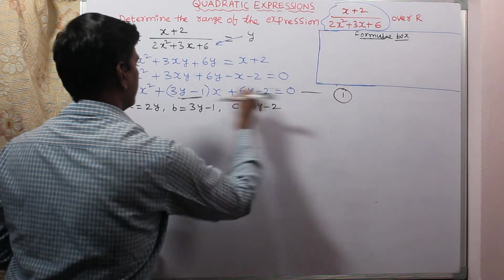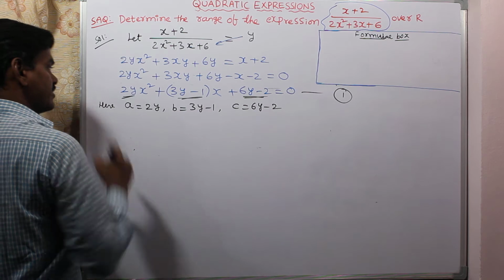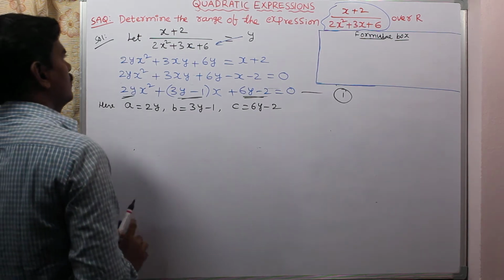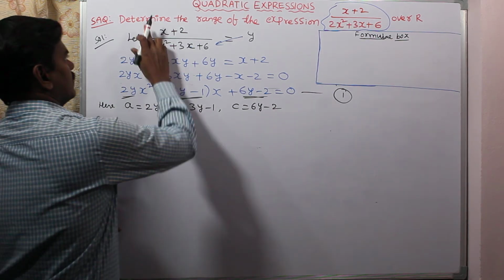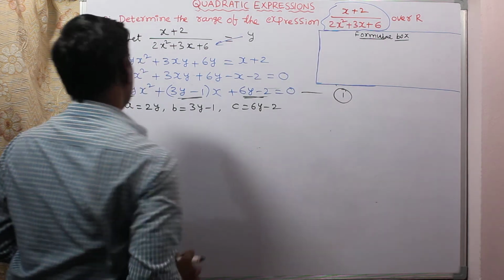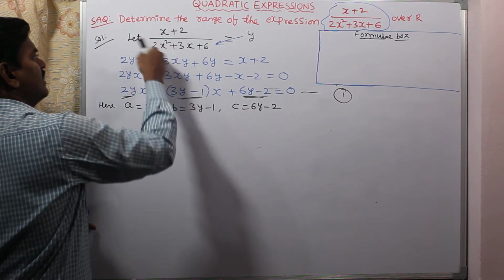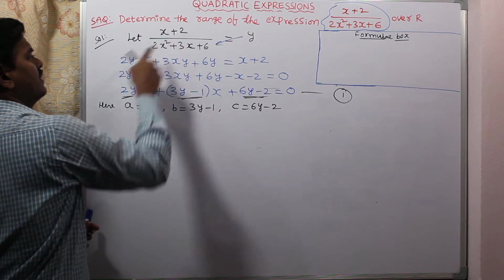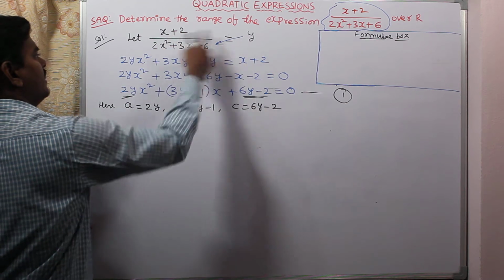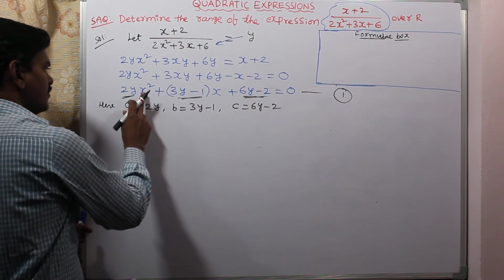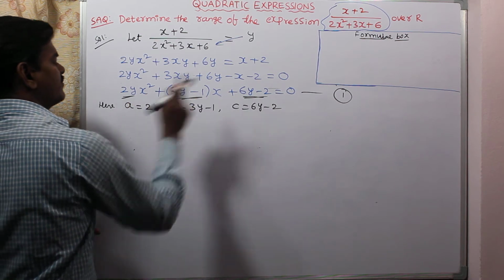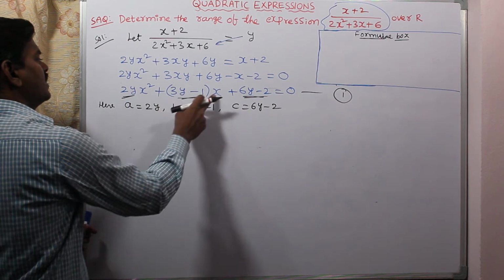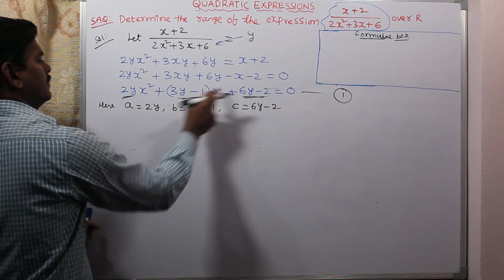Let's call this equation number 1. Here x is real. In the question they gave that x is real. X is real means on simplification you again get a real number, so y is also real. Equation 1 is a quadratic equation in terms of x whose coefficients are real.